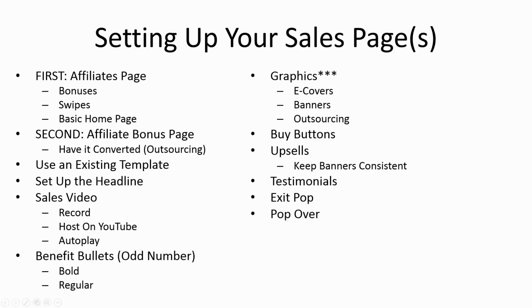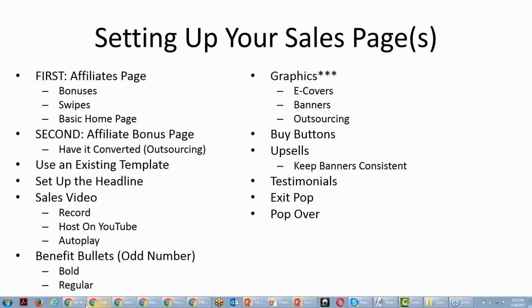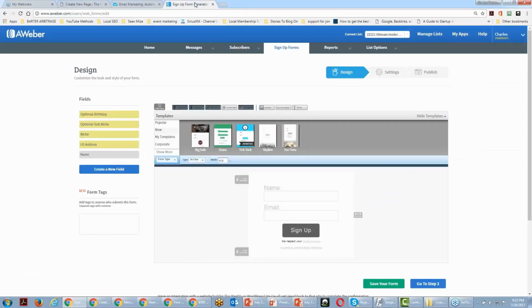There's also the popover, and I do want to show you this. Let's see if I can find the page here. Okay, so here's Aweber. What you want to do is use this setting in Aweber that says popover, lightbox, or pop-up.